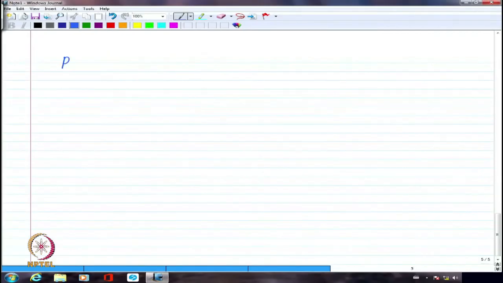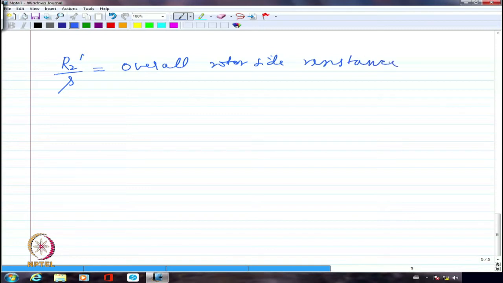So, I should be able to write this resistance, which I got as R2 dash by S. This R2 dash by S was the overall rotor side resistance in the equivalent circuit. This I am going to bifurcate into two portions.